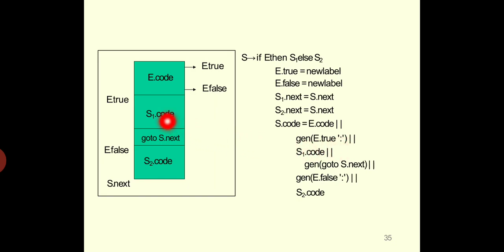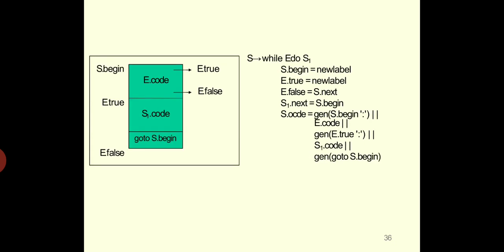That means after the code, a go to has to be there, going to the code which is after that S. Then E dot false, then S2 dot code. That is how the if E then S1 else S2 statement is translated.